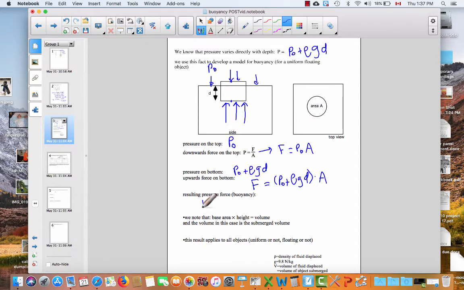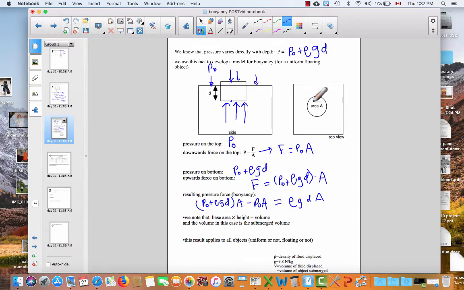So that means we're going to have to take the upwards one and subtract the downwards one. And we see that this P naught A term cancels, and we just end up with this term, rho g d A. So density of the fluid, gravity field, depth, and then cross-sectional area.